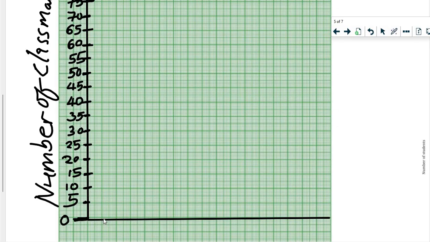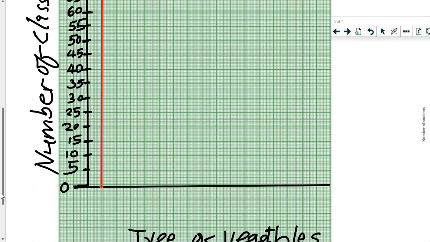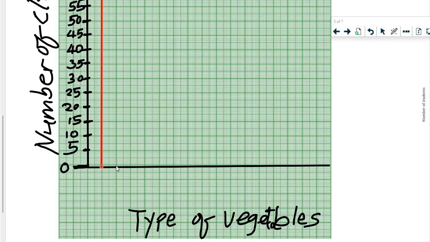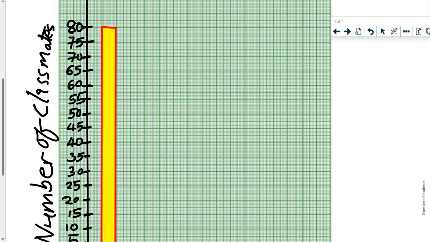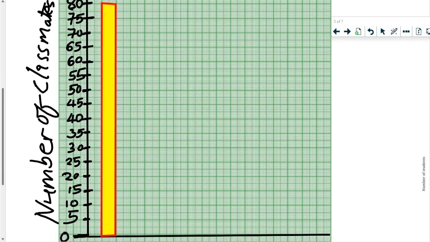So if you skip one box, keep on skipping one box, one box, one box until you finish the diagram. So from here to here, one box. So start from here. Then go up all the way to 80. And then go across by one box, like so. Then go down, and then close. You're going to get a rectangle or a bar, which is looking like this.